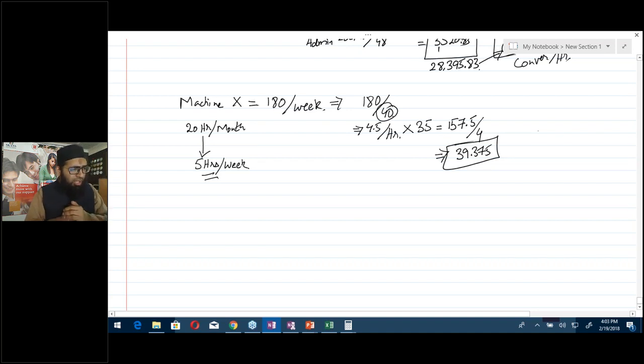One of the students has asked me, why are you not using 15 hours? Dear, this is because we have been provided with the range. So I am checking whether, even if my maximum hours are lost, it will still be my safety stock or not. This is more about the prudence concept. He has asked another question: why did you multiply by 35?